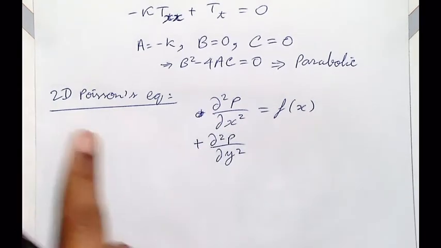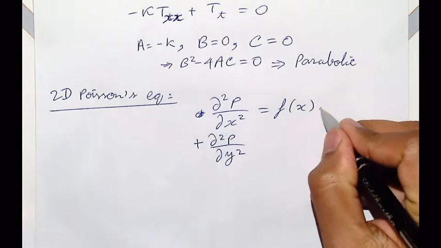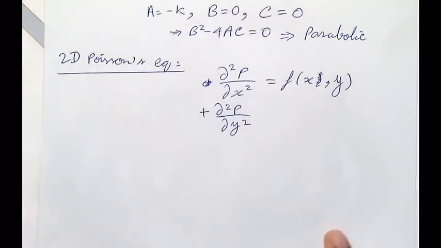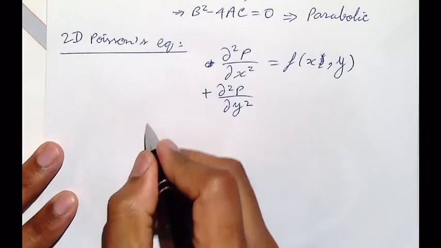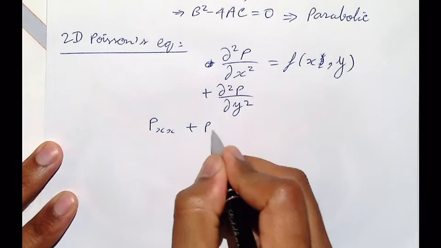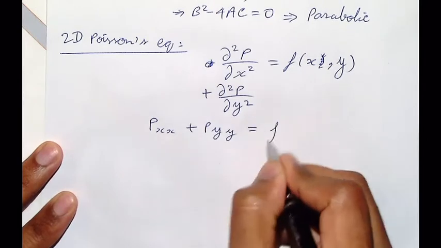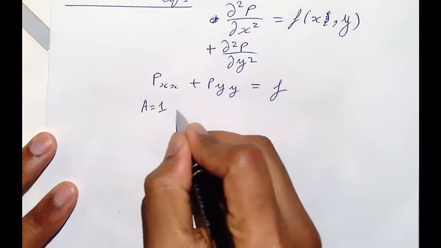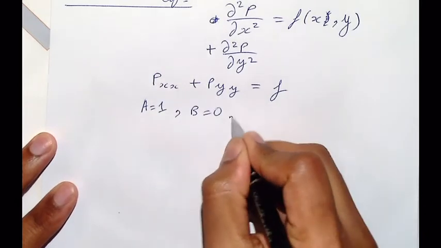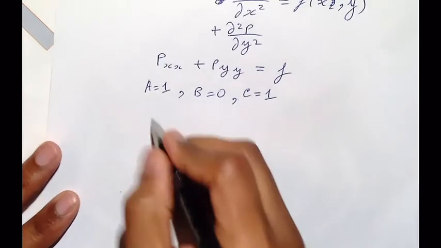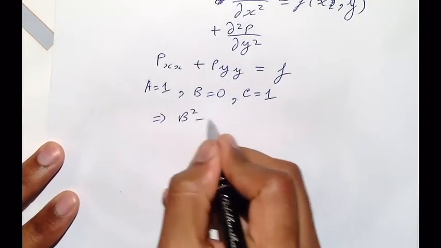So it's the 2D Poisson's equation of x and y. If we rewrite this as a, so this exx plus eyy equal f, here we have a equal 1, b equals 0, c equal 1, which means b squared minus 4ac is less than 0.